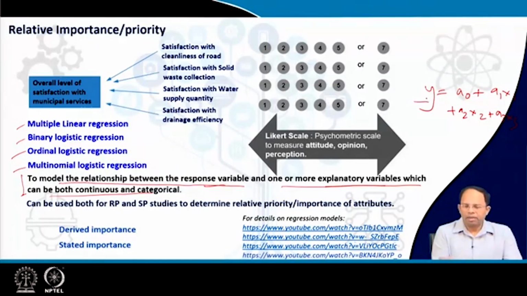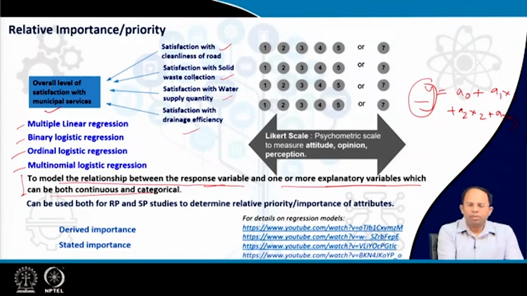Now to give you a better example, overall level of satisfaction with municipal service is y, whereas x1, x2, x3 are satisfaction with cleanliness of roads, satisfaction with solid waste collection, satisfaction with water supply quantity, satisfaction with drainage efficiency and so on. You can see that each of these aspects influences the overall satisfaction with municipal services. So these are the explanatory variables and this is the final response variable, right?